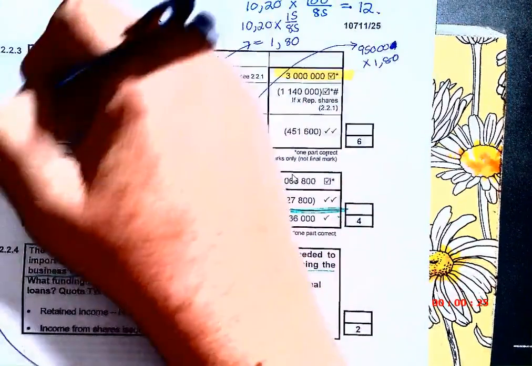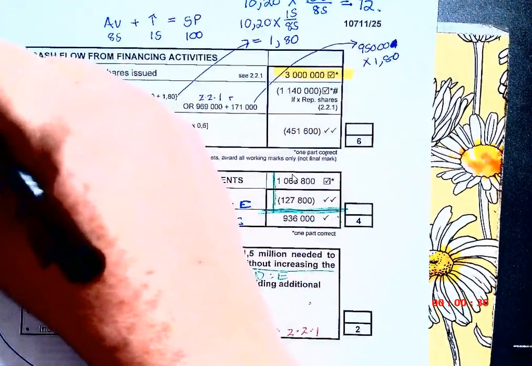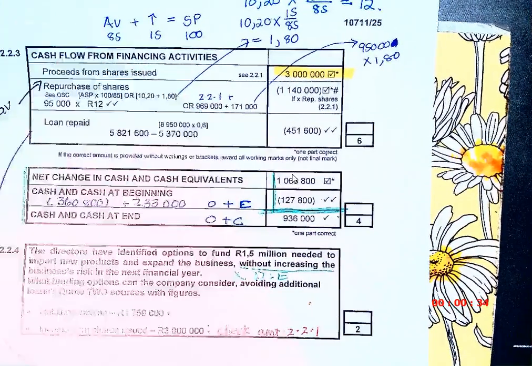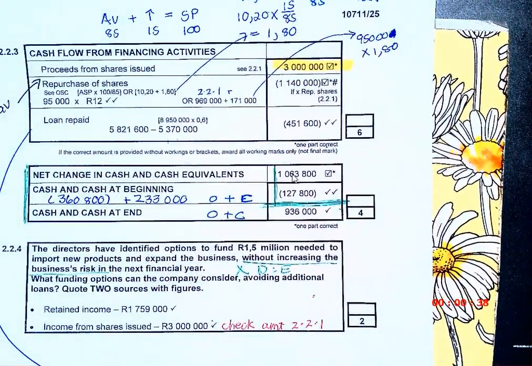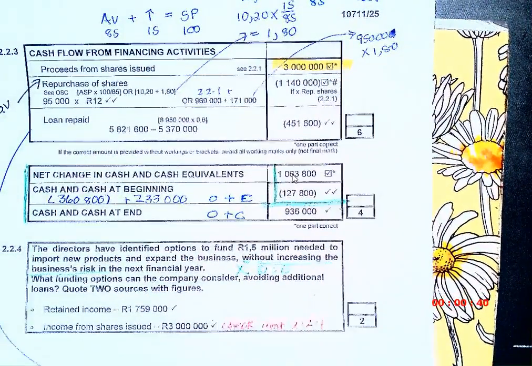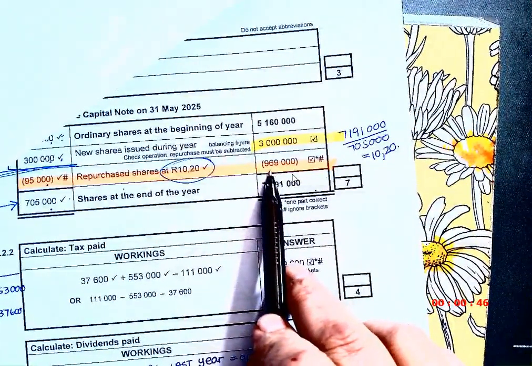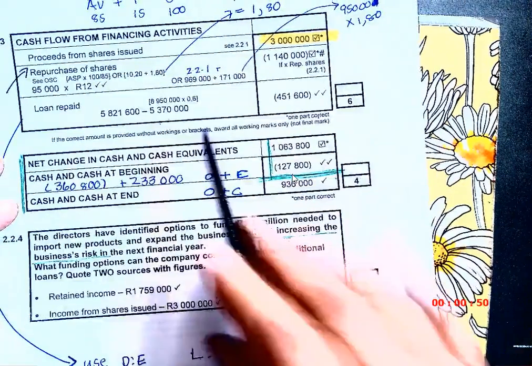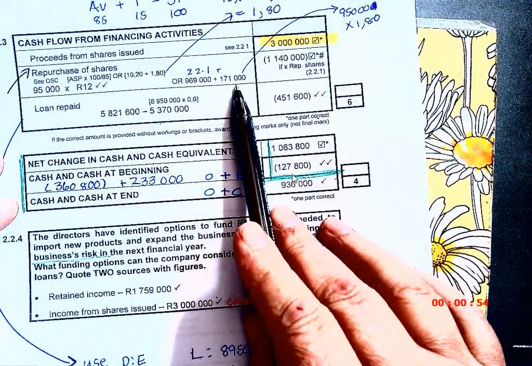When we do the repurchase, it's extremely important that you remember you want the average and the above average. You want the price that you paid for it. So you can take that 969 there, but then you need to remember to add the above also.